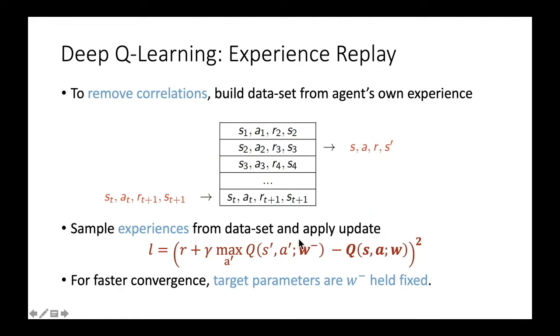Once they sample these data points, all they need is S, A, R, and S prime. A prime is coming from the network itself because they want to take the maximum over A prime, correct? So once they get S, A, R, and S prime, that's what they need in order to apply this weight update to the network.